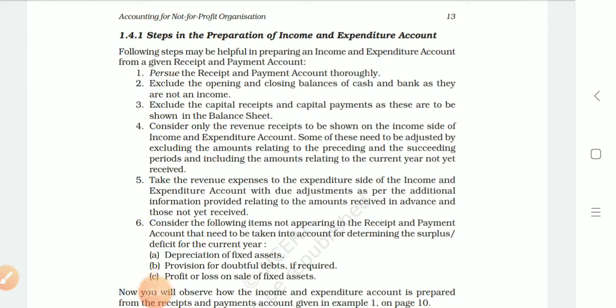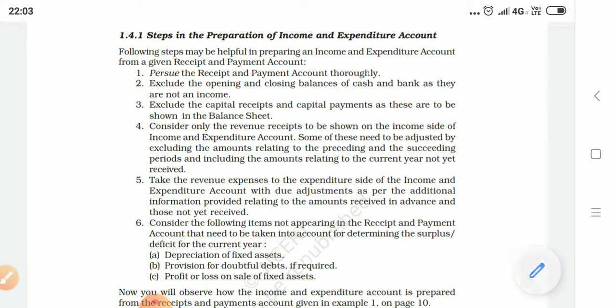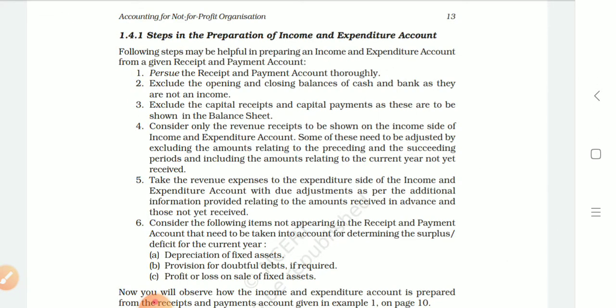Students, this is your NCERT book. The link to download this book I will be giving in the video description. Page 13, you have the steps in the preparation of the income and expenditure account. It is nothing new, the same thing I explained.